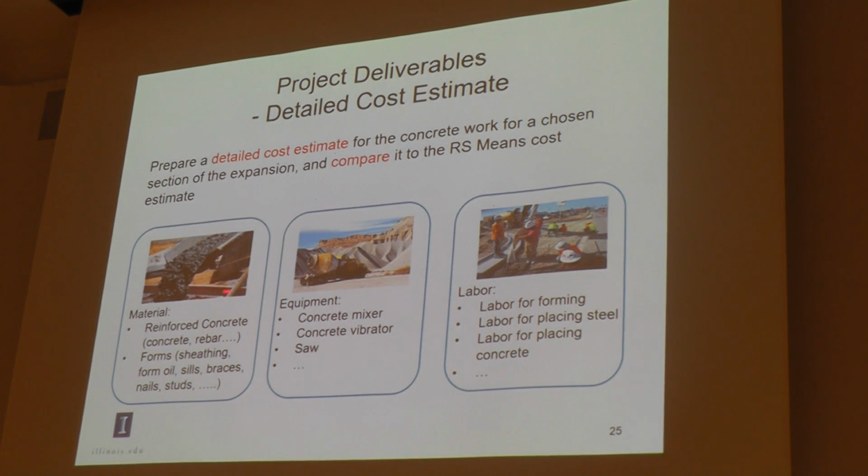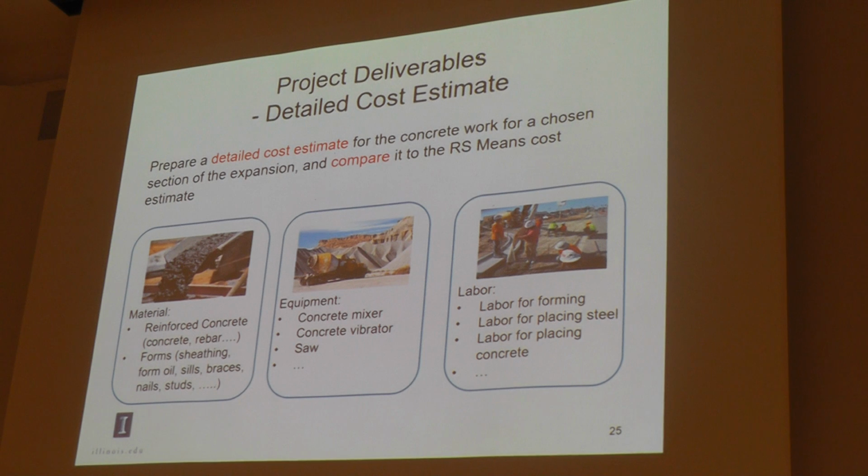For this task, for the tunnel, you will say, okay, what kind of material you're going to use. For example, reinforced concrete, forms, and those detailed materials. First, you get a list of the material you will use, and you need to get a price for this material. How do you get this price? This time you cannot rely on the RSMeans, you can rely on websites. You can check the website to see how much they charge, for example, for the reinforced concrete.